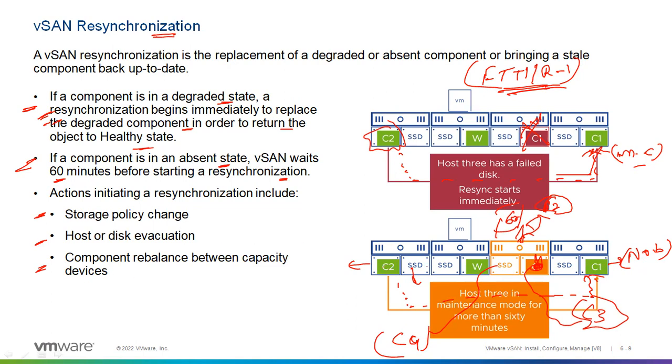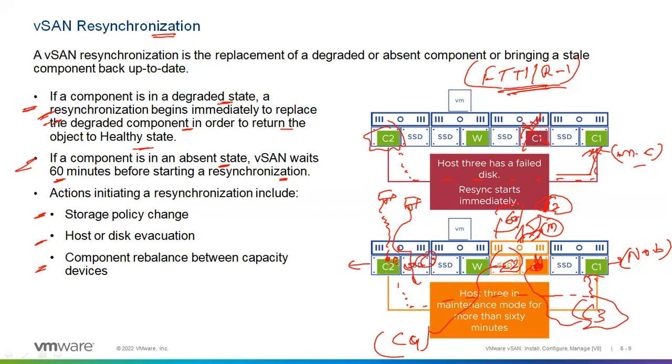Got my point? Yes, sir. Understood. Now, you can ask me one more question. Sir, this host is in maintenance mode, but my data is still being written. Definitely, the VMs will keep writing data, to VM C1 or maybe another VM that has another component where redundancy is maintained, like C2 or C3.